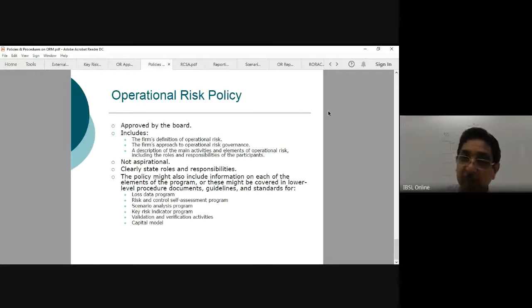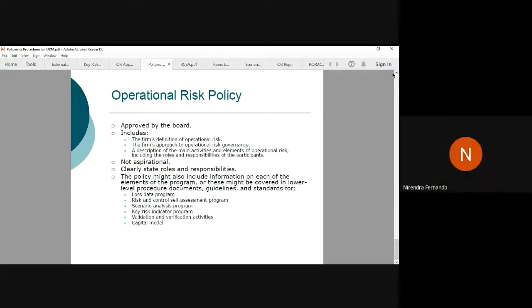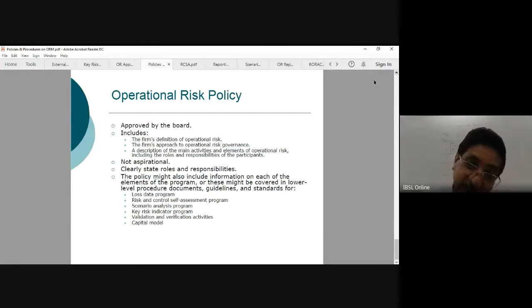Now I think this particular presentation really provides you some guidelines, but in addition, I will give you the specimen. That doesn't mean that you have to write the same thing there, but you need to take the guidance from that specimen, and you have to write your own policy.